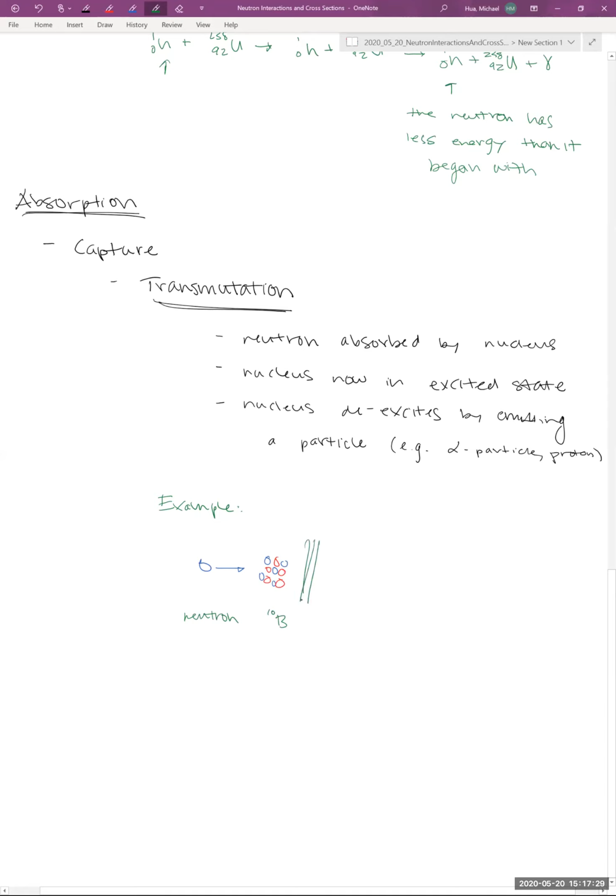And then the very end result is that we're going to have two particles coming out. One is going to be helium-4. The other one is going to be lithium-7.